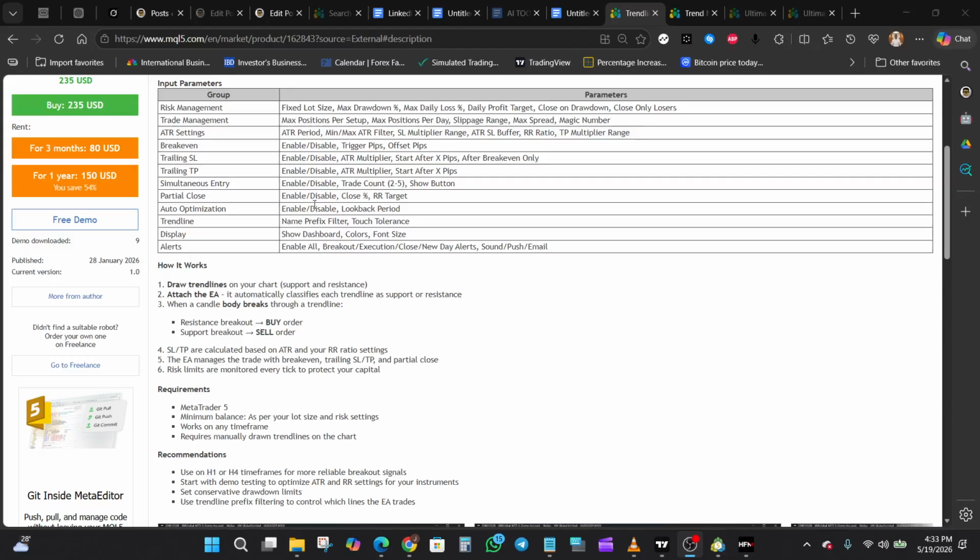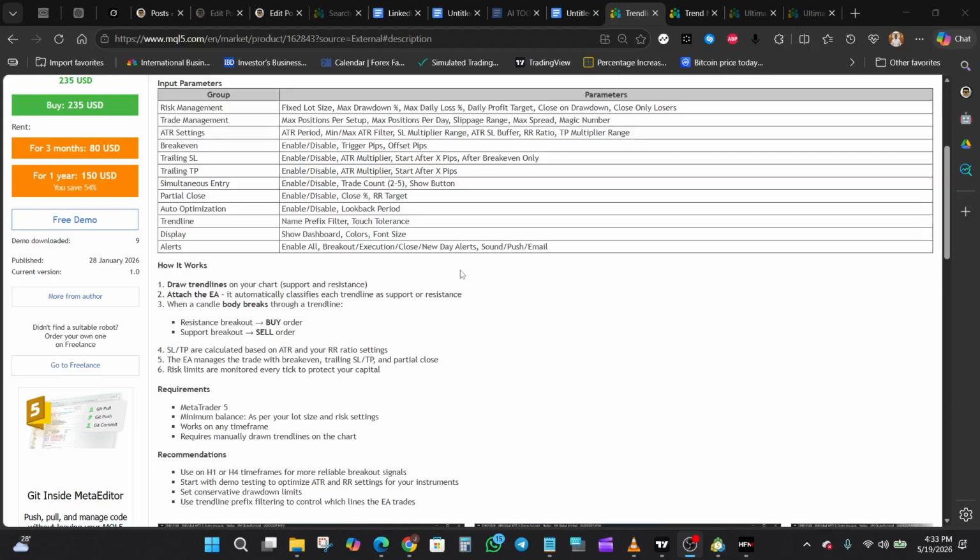Okay, now looking at the input settings, there's quite a wide range of configurable parameters, right? We've got risk management options like fixed lot size, maximum drawdown percentage, and daily loss limits. These settings are important because they allow traders to control exposure depending on their account size and risk tolerance, right?